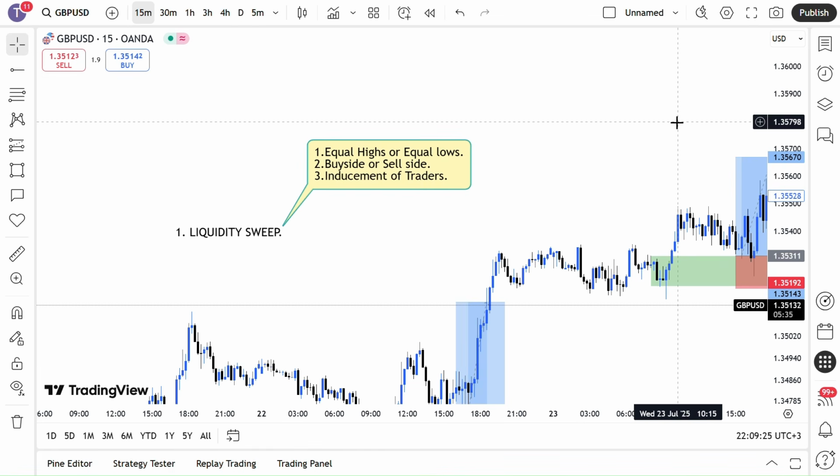So you should have that knowledge of looking for a valid or a good inducement in each and every one of your trades. As an SMC trader, you should have that knowledge of identifying inducements.